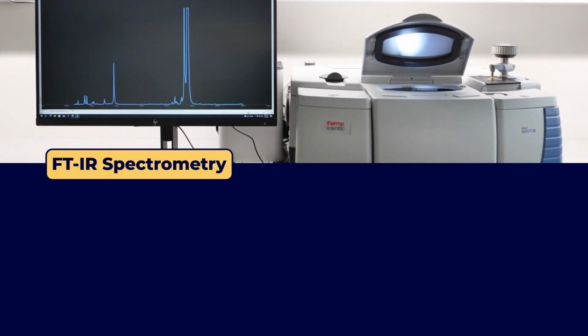Let's talk about another spectroscopic technique, that is FTIR. We have already talked about what infrared does. It vibrates the molecules. So infrared spectroscopy basically is for the radiations from 400 centimeter inverse to 4000 centimeter inverse.